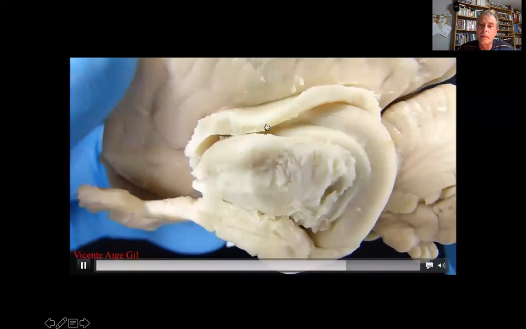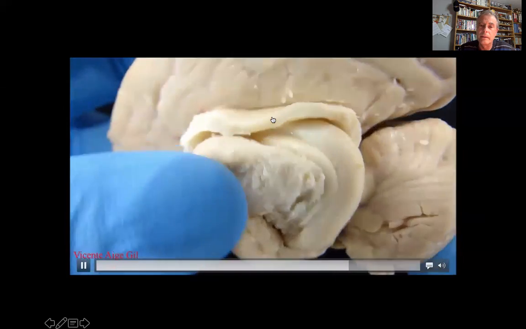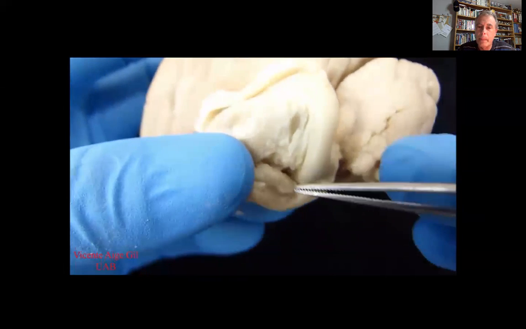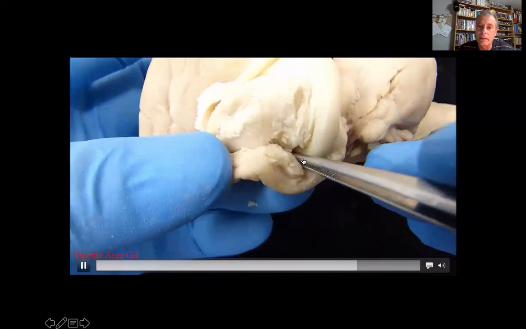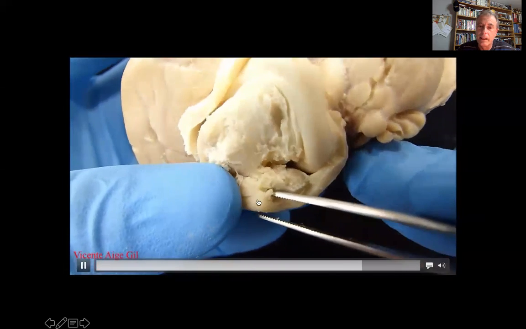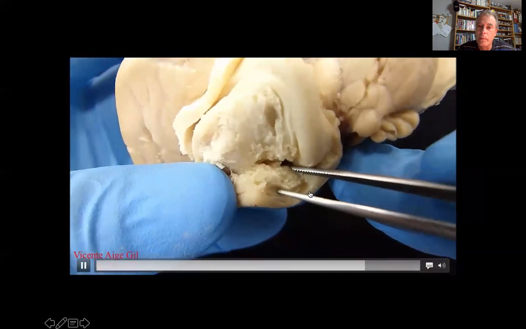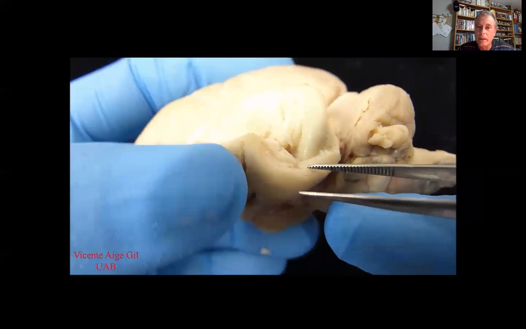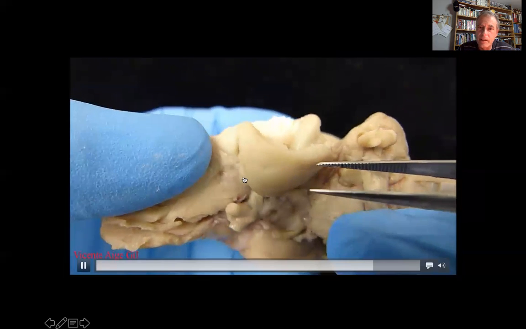Can you see the corpus callosum there? And the amygdaloid body. This is the amygdaloid body inside the piriform lobe. This is the piriform lobe.